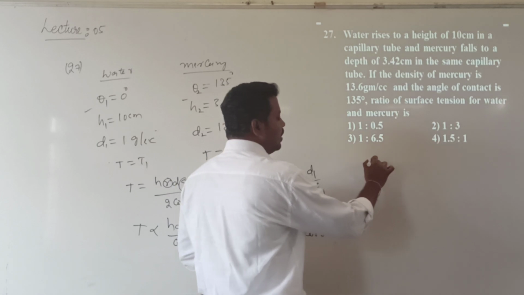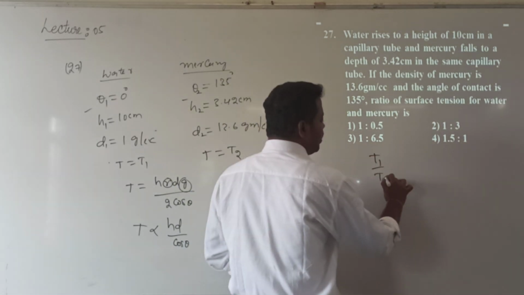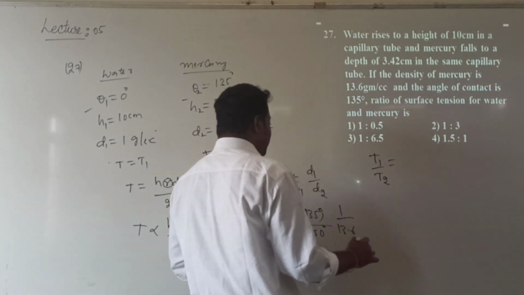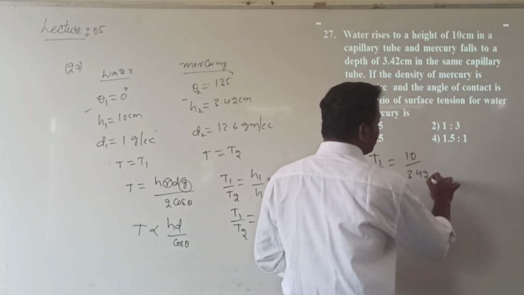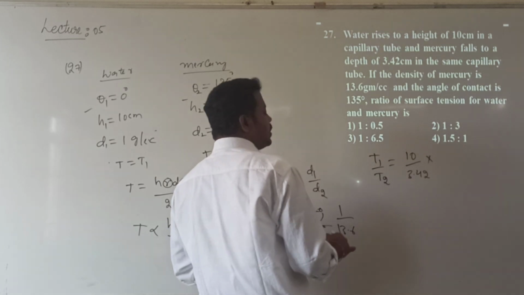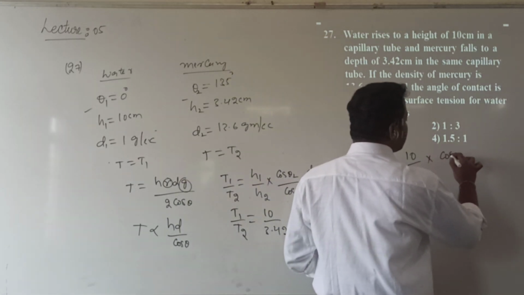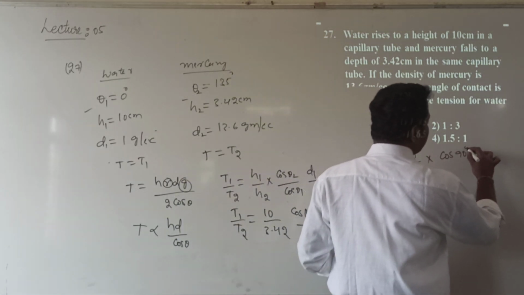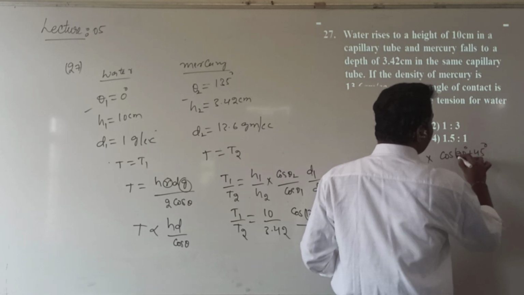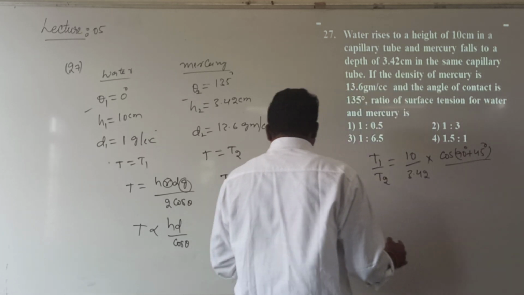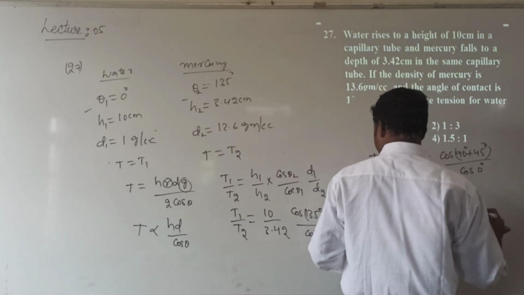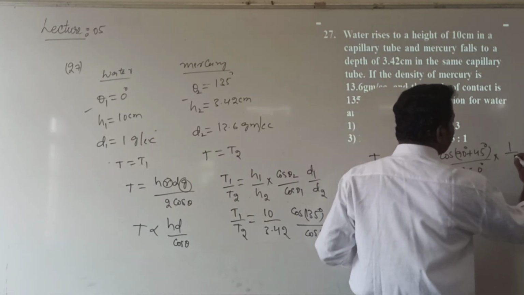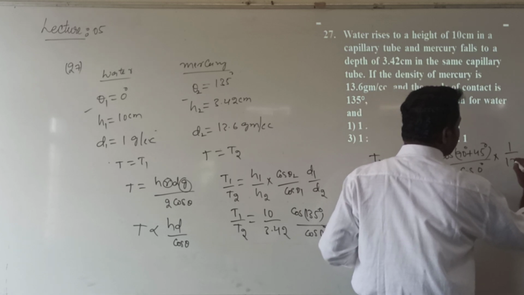T1 by T2 is 10 divided by 3.42 into cos 135, which can be written as cos of 90 plus 45, that is minus sin theta. The minus sign indicates the depression, into cos 0 degrees into 1 by 13.6.